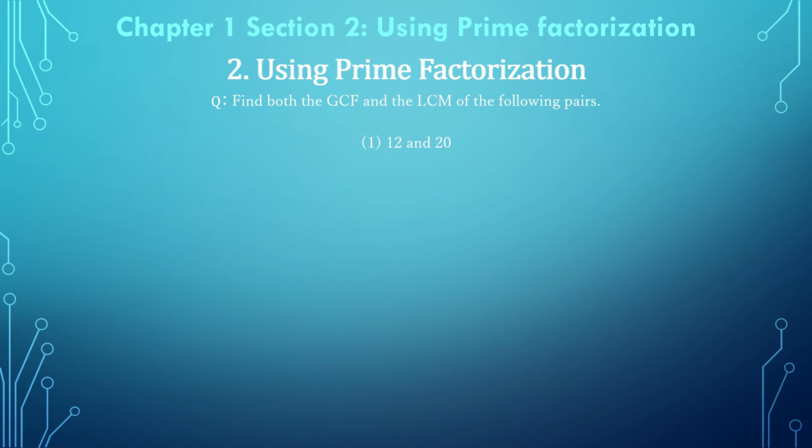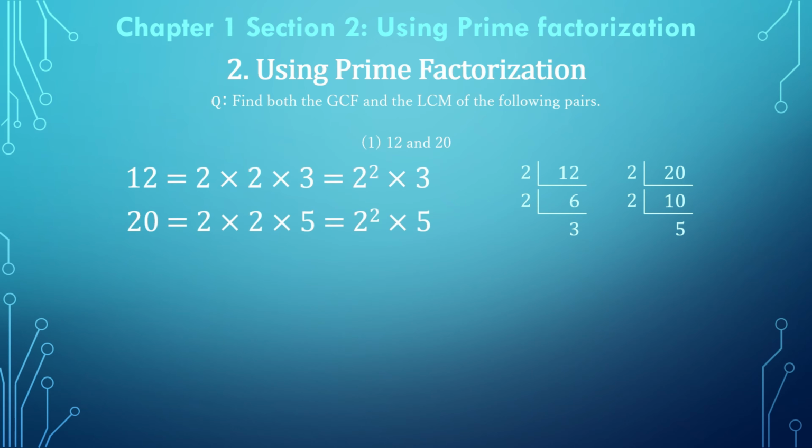Now let's practice finding both the GCF and the LCM of the following numbers. First, 12 and 20. 12 is 2 times 2 times 3, and 20 is 2 times 2 times 5. So, the GCF is 2 times 2, which is 4.